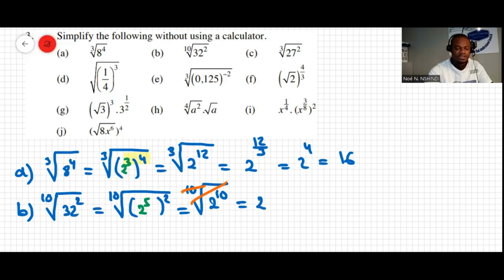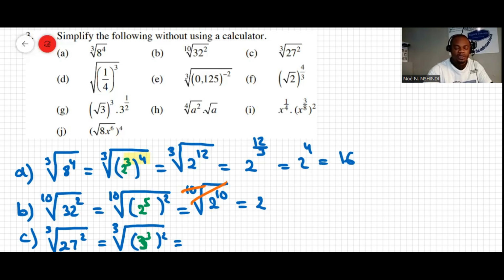Okay, and then C says cube root of 27 squared, cube roots. So this will be 27 is 3 cubed, and then that was the cube root. So this will be then, okay, that was my 3, it is 3 to the power of 3.